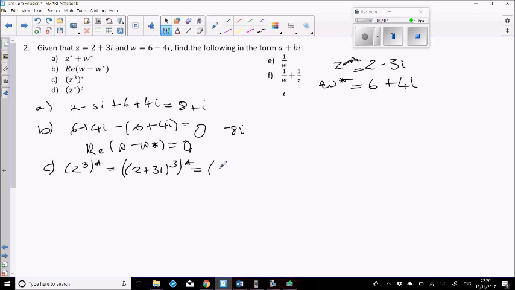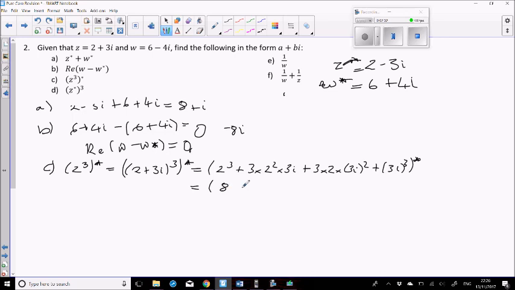So if we use binomial expansion, that's going to be 2 cubed plus 3 times 2 squared times 3i plus 3 times 2 times 3i squared plus 3i cubed.